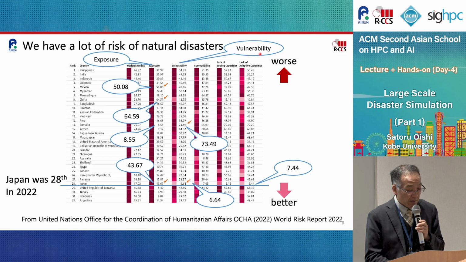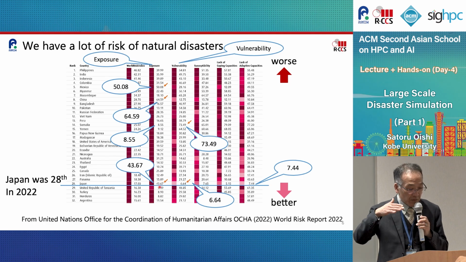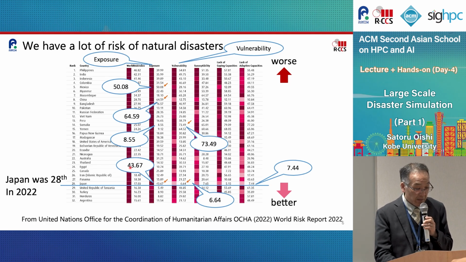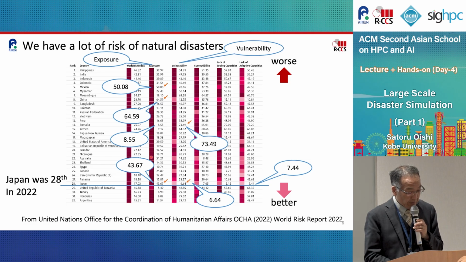But the Japanese vulnerability, the resilience, is somehow better. So we are 6.64 in 2022. Therefore, our total score is somehow lower than the severity of the natural disaster itself.